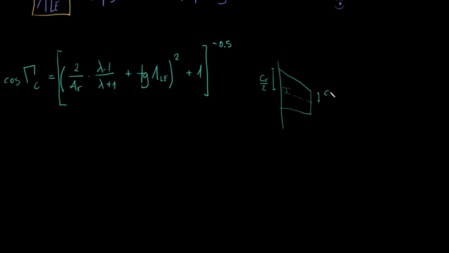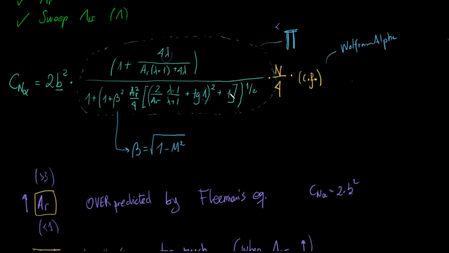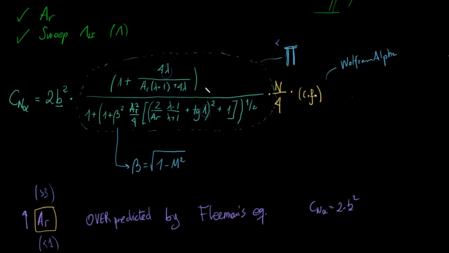Okay, and this is, of course, the leading edge angle. So you have to play around a lot with geometry and the variables and everything. So finally, you will arrive here, and this is correct.